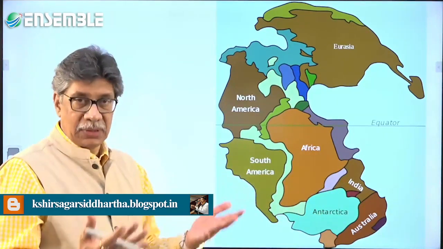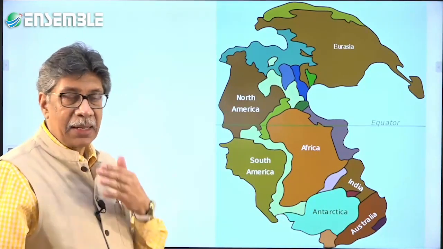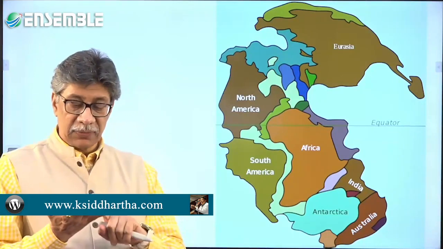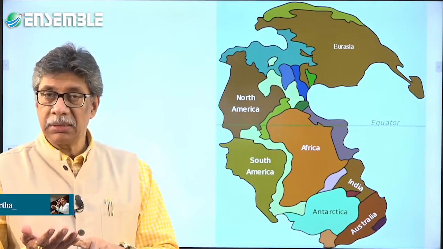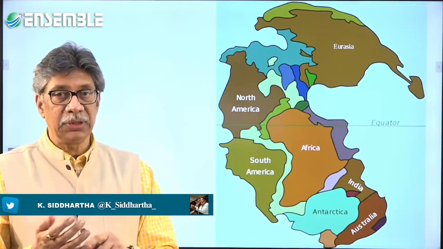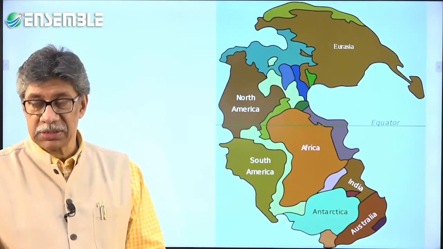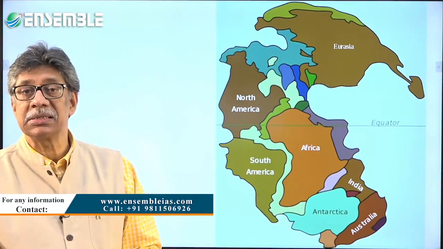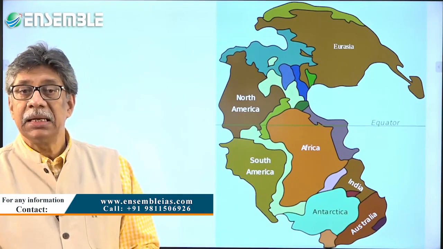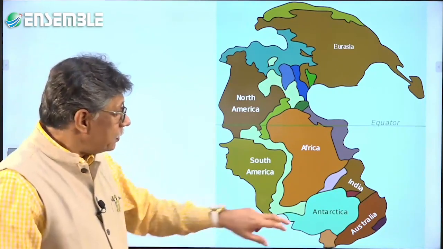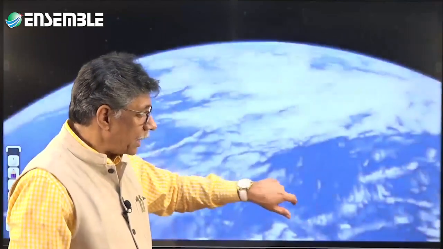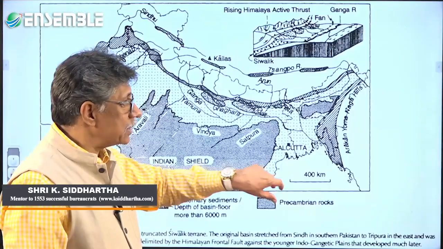Now, after a certain amount of time, in Paleozoic itself, the first part of Paleozoic was Cambrian, Ordovician, Silurian, Devonian. Carboniferous onwards, India started getting ruptured. And India started getting separated out of all of them. And it was in this process of separation that India ultimately formed its geographical personality.